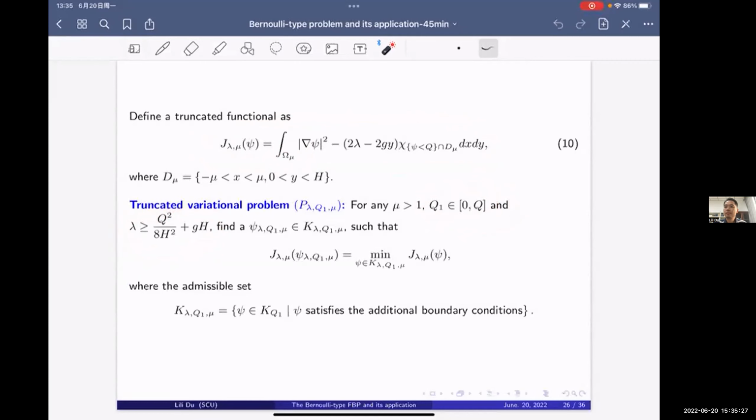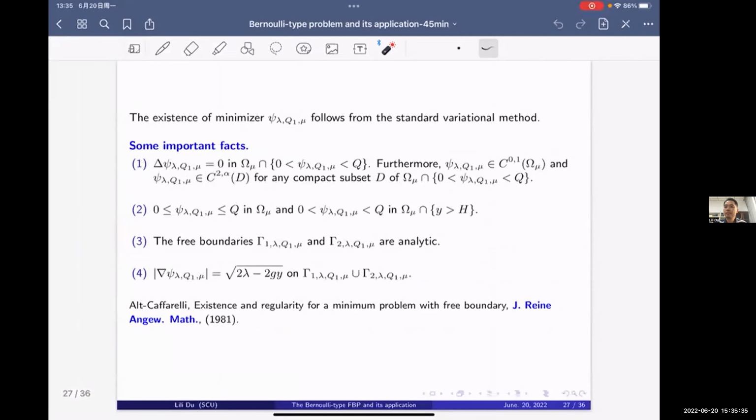Then the existence of the minimizer to the truncated problem follows from the standard variational method. Due to the significant work by Alt, Caffarelli and Friedman in 1981 on the Bernoulli-type free boundary problem, we can obtain the following important facts.